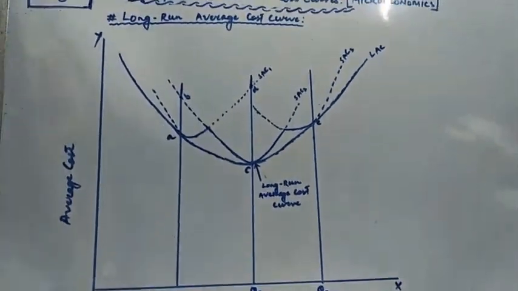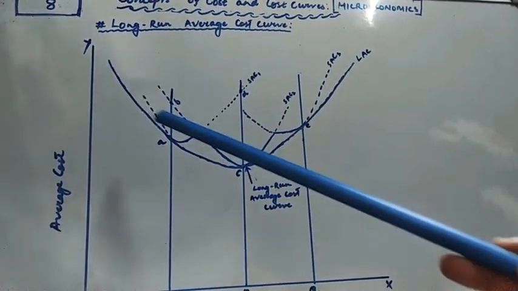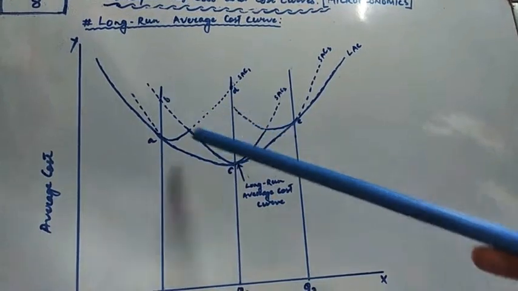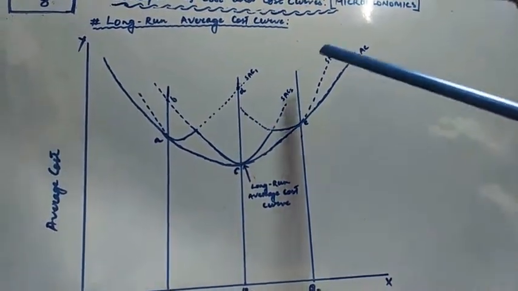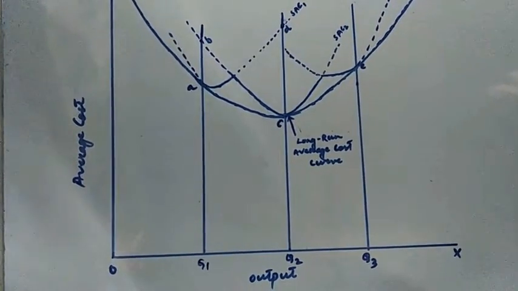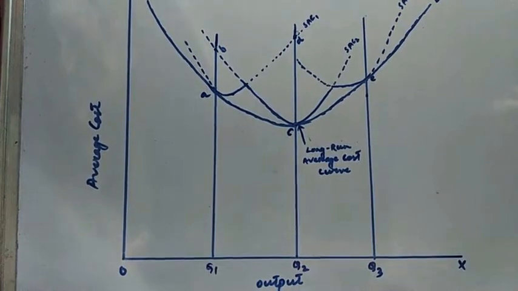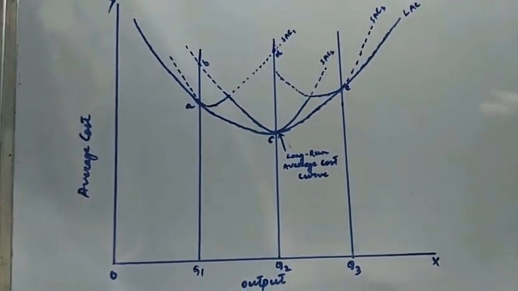Let us suppose that there are three plant sizes, represented by SAC1, SAC2, and SAC3. So these are three plant sizes available, from which the firm has to choose in its long run planning.